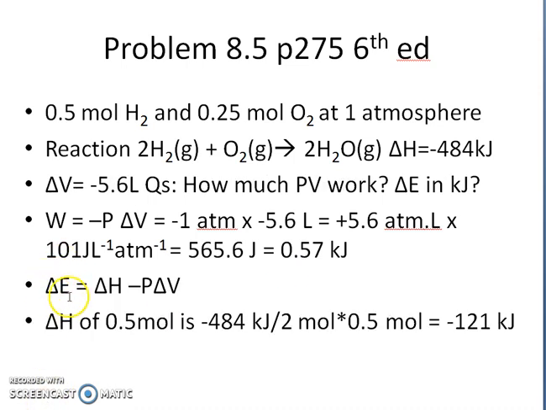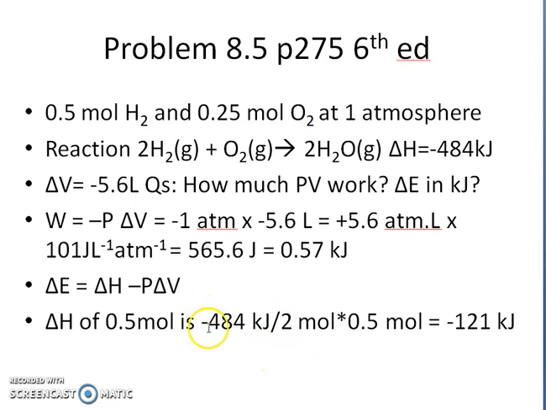So the change in energy is given by delta H minus P delta V. Now we need to calculate delta H. The delta H given here, which is minus 484 kilojoules, is for 2 moles of hydrogen. But in our mixture, we have 0.5 moles of hydrogen. So the quantities are different, and we need to recalculate this delta H for 0.5 moles of hydrogen.